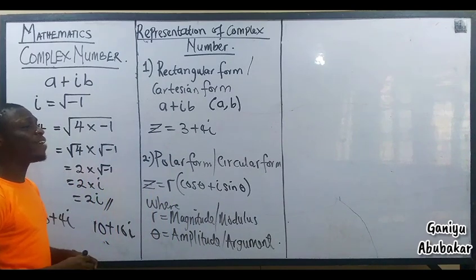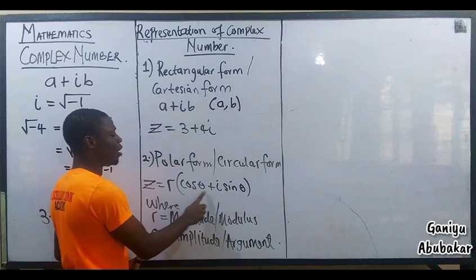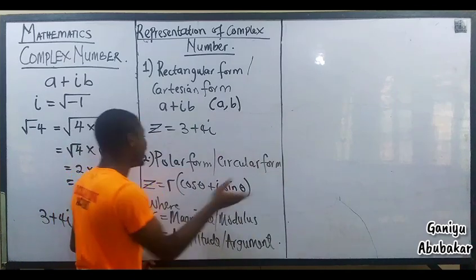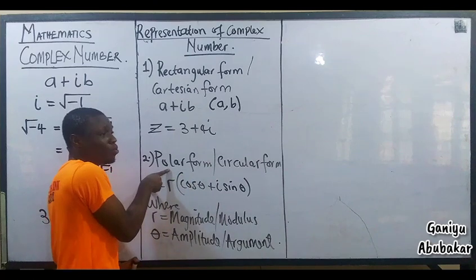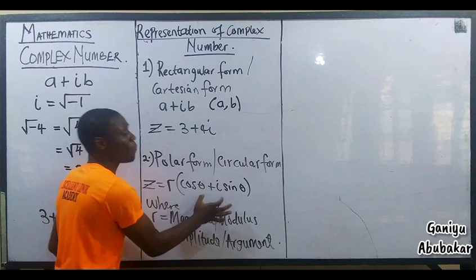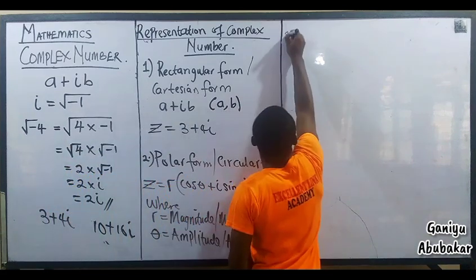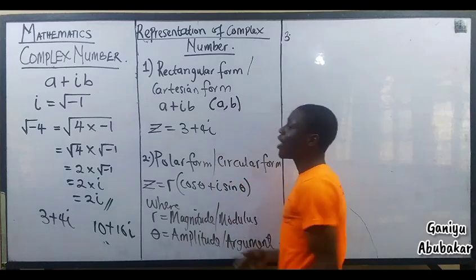So note that if I see a complex number as r into cos theta plus i sin theta, it is simply a polar form, or circular form, of representing a complex number. The last one is called the exponential form, or Euler's form.